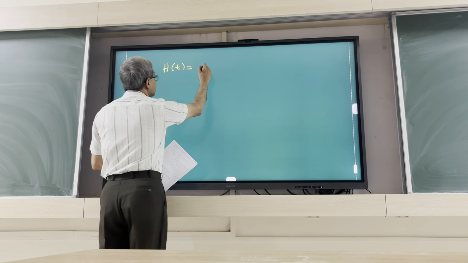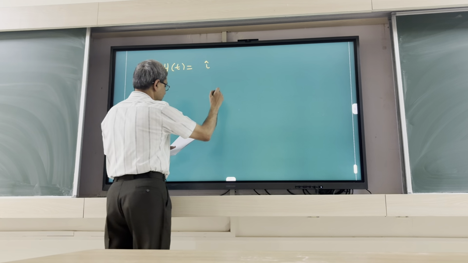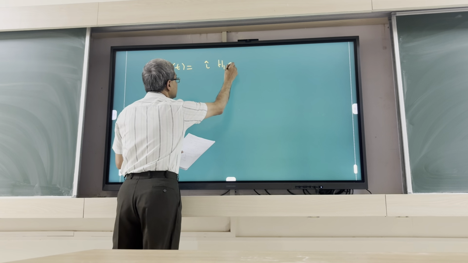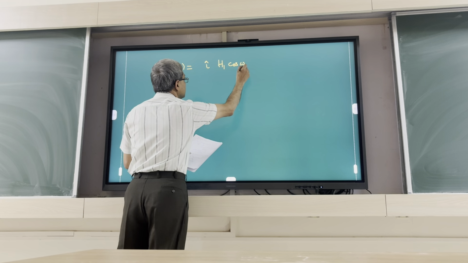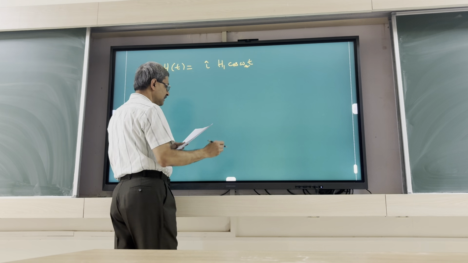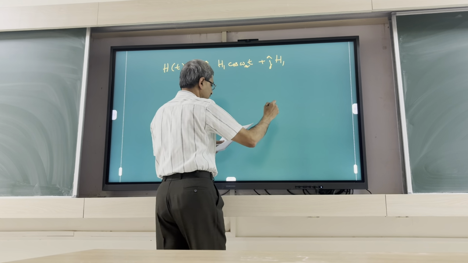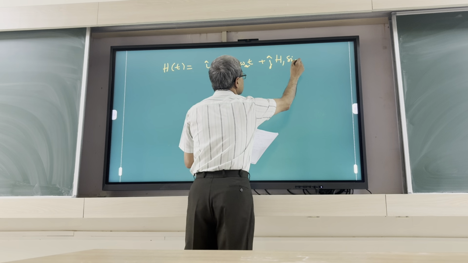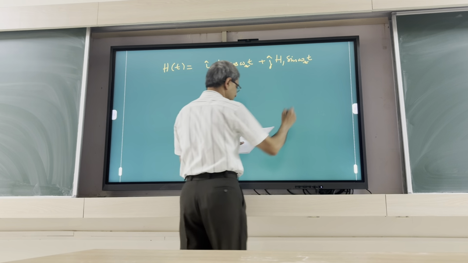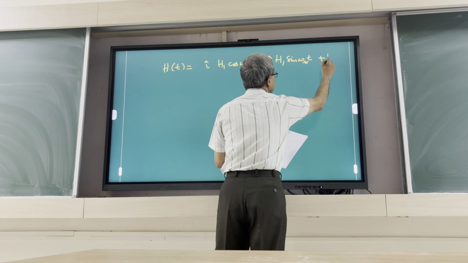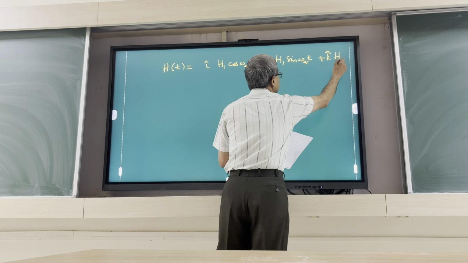This is now H equals i h1 cos omega z t plus j h1 sin omega z t, and then you have of course the DC field, right?